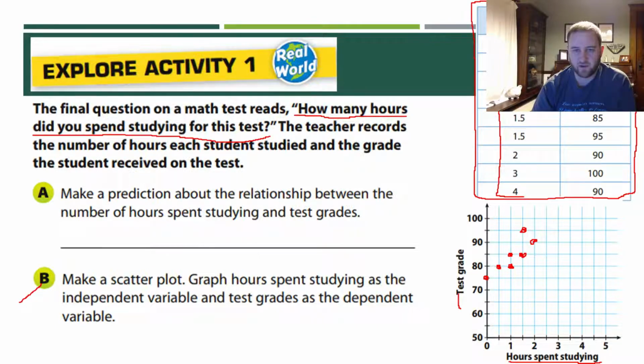This person got a perfect score right there. And then 4, 90 would go right there. So here's our scatter plot.